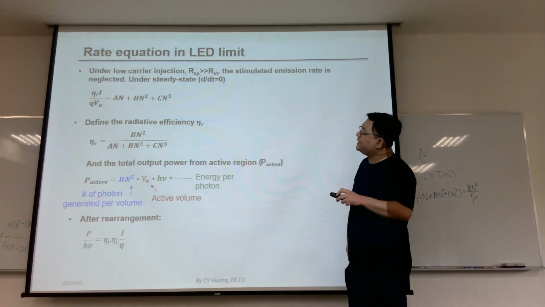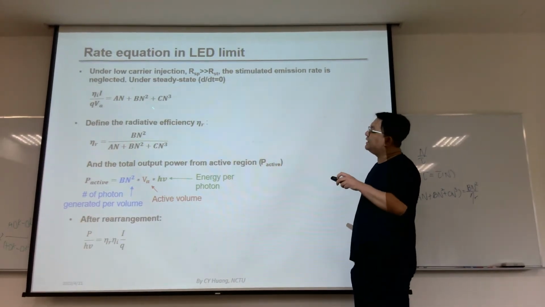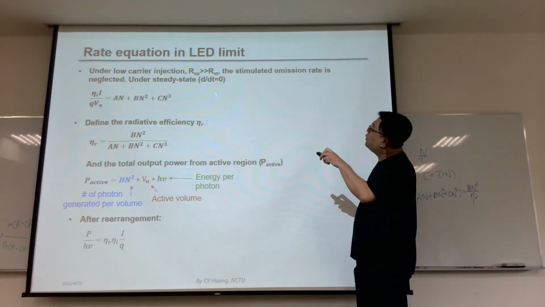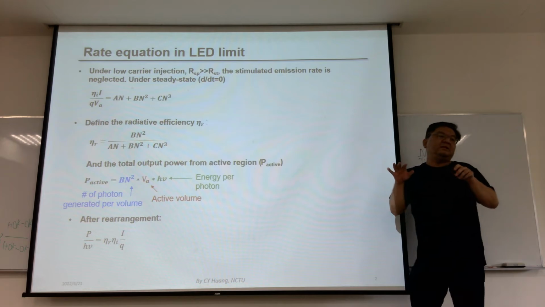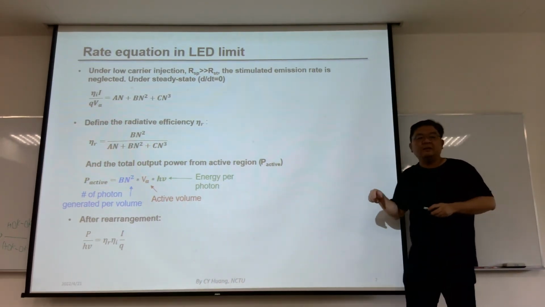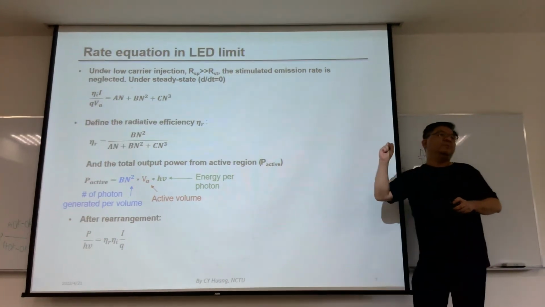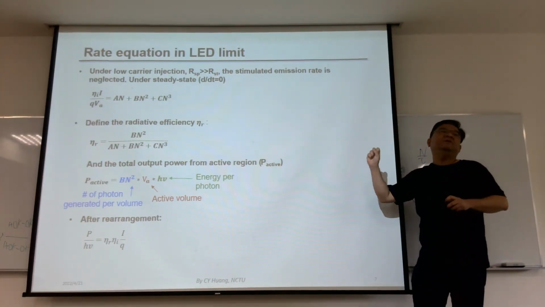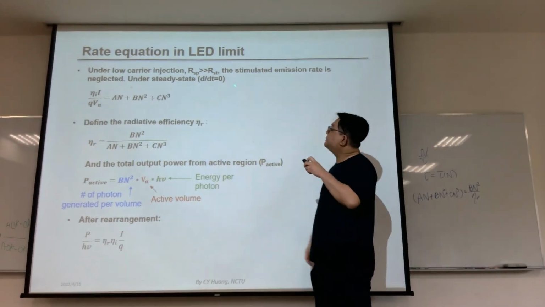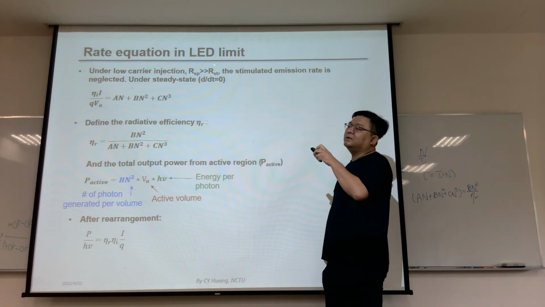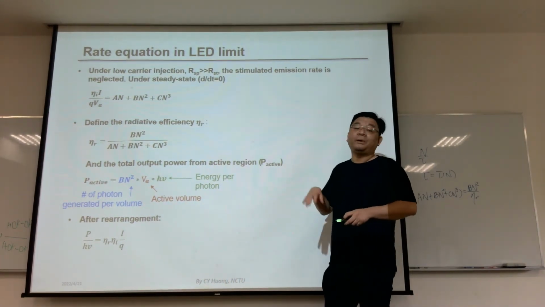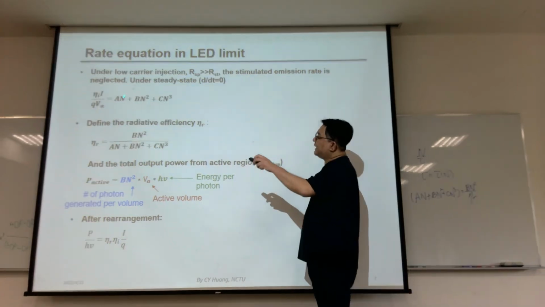Then the generation should be equal to the total recombination. While the device is far away from lasing, the optical gain is small, minimal, or even negative. So we can simply neglect the R_st while the device is under low pumping. So we can write it down like this.